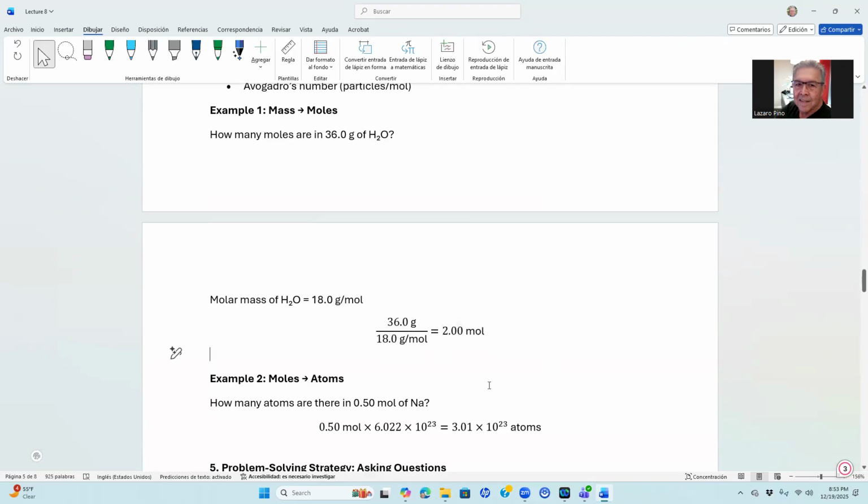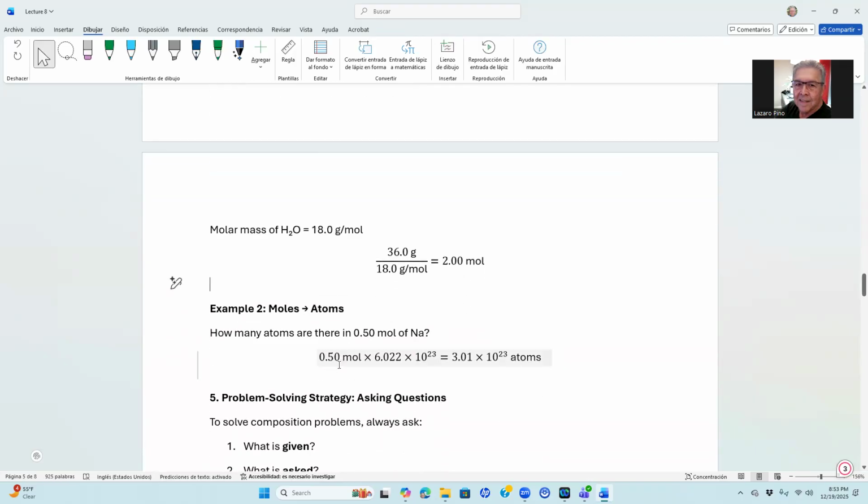If you want to go from moles to atoms, what do you do? You say 1 mole is then divided by this, and this will give you atoms.